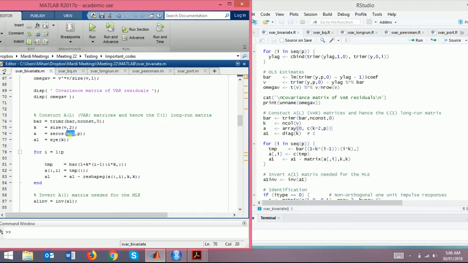So 4 is 2 square, that is in terms of the number of autoregressive terms, n square. And n is whatever the number of variables; your residual structure will reflect the number of variables.